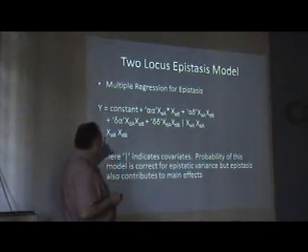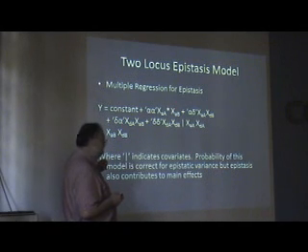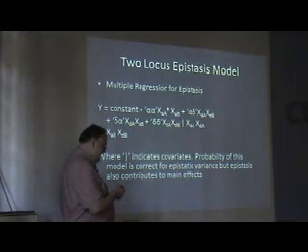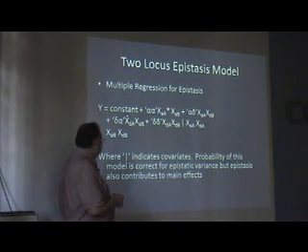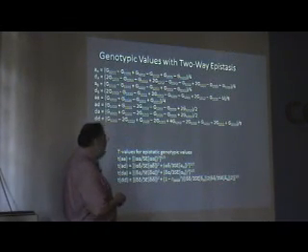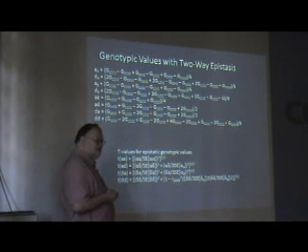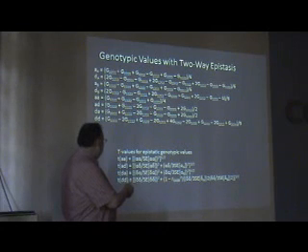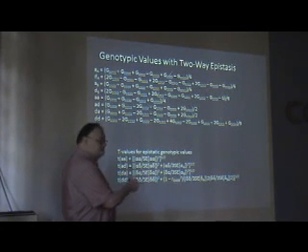This is the beautiful equation which shows how you would go about calculating the additive by additive, additive by dominance, dominance by additive, and dominance by dominance values. Here's another definition for them, only using the means. You'll note that there are no allele frequencies in this definition.